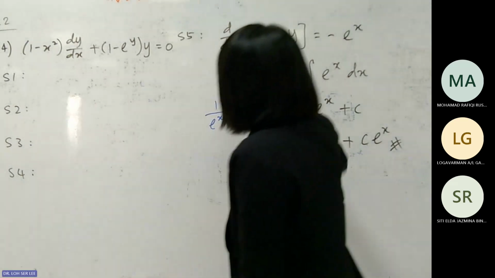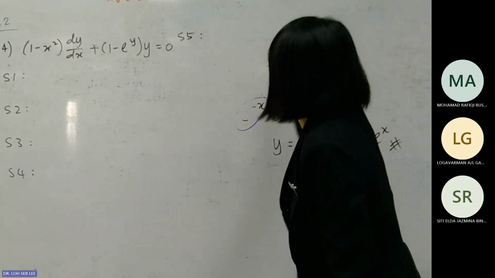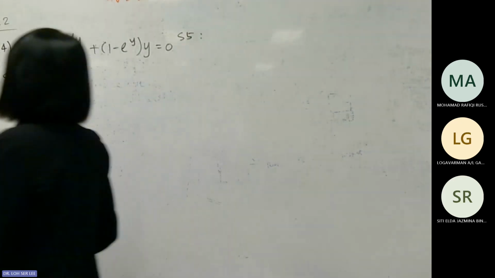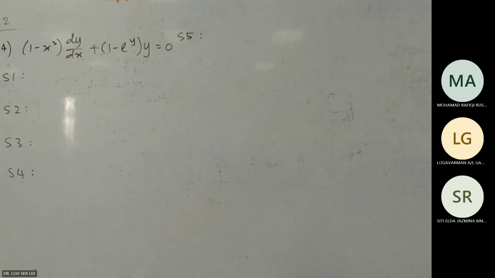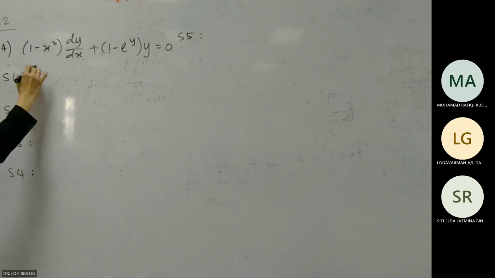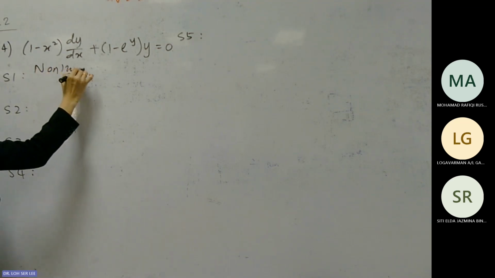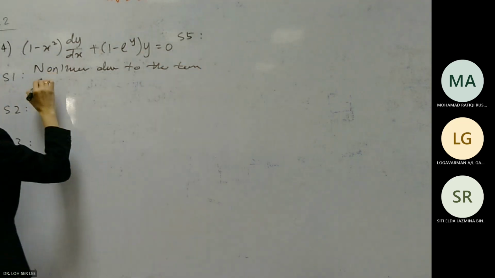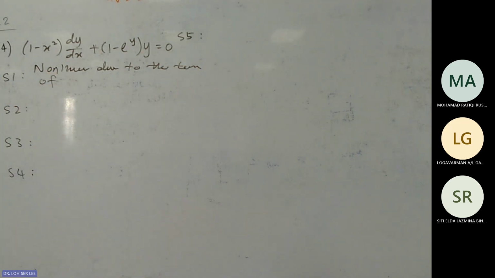Okay, number 4. Is it linear? Yes or no? The answer is no. Non-linear due to the term of which one? Square.